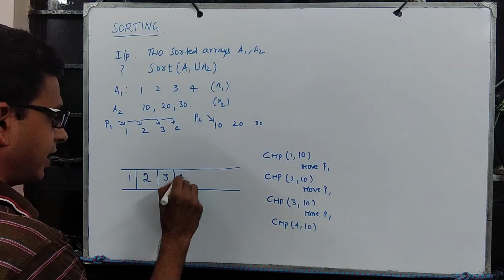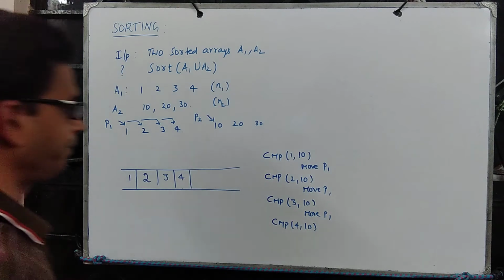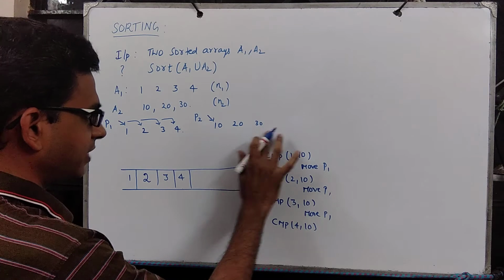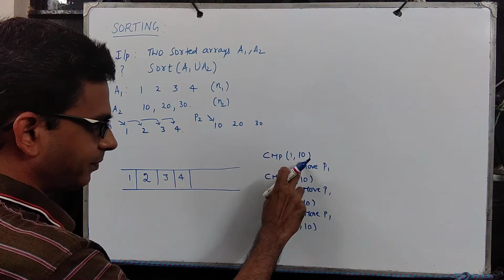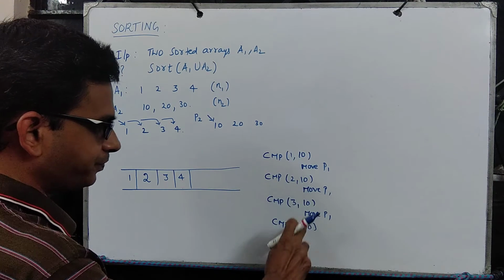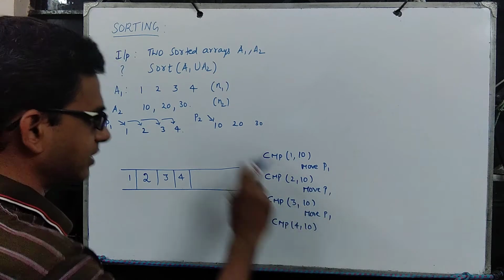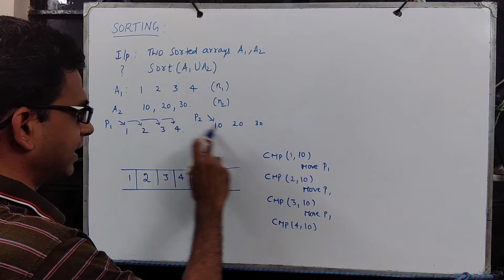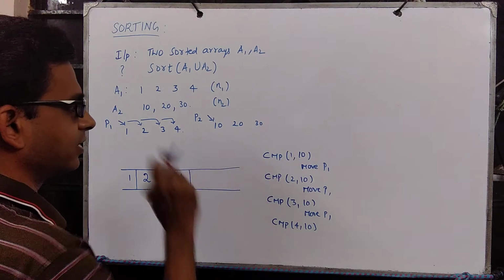Now when you see that we have exhausted the first array, all the rest of the elements are greater than this. That was the case, right? When we started comparing the values pointed to by P1 and P2, and we moved P1, the value pointed to by P2 is greater. If this element itself is larger than this, naturally the subsequent elements will also be at least this.